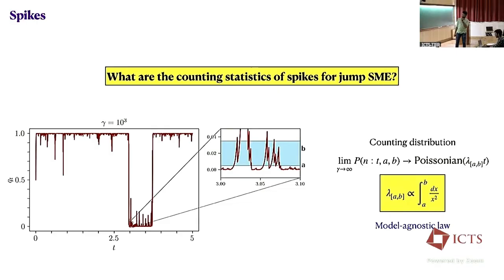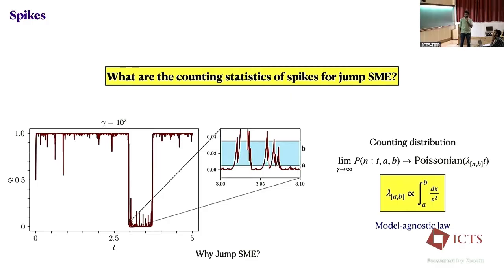So if the study has already been done for a class of trajectories with Gaussian noise, why are we looking at jump stochastic master equations? Well, the literature survey I showed you only looked at spikes for simulations, right? So it has not been observed yet experimentally, and that's an open question.